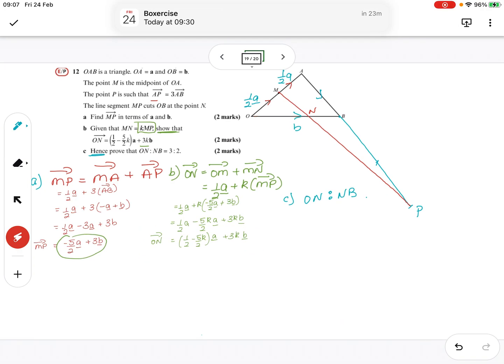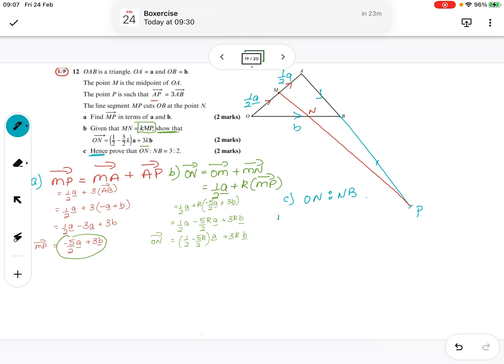Now, the thing here, which you may have missed and is really sneaky, is that ON is only a B vector. There is no A element to it at all.